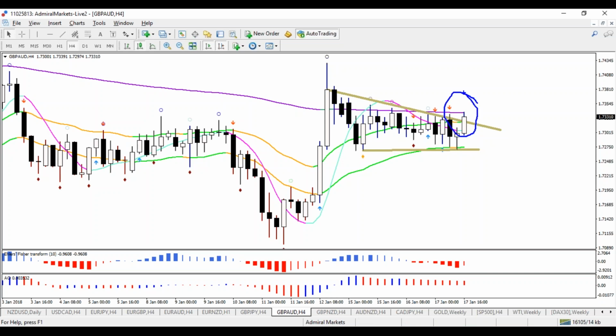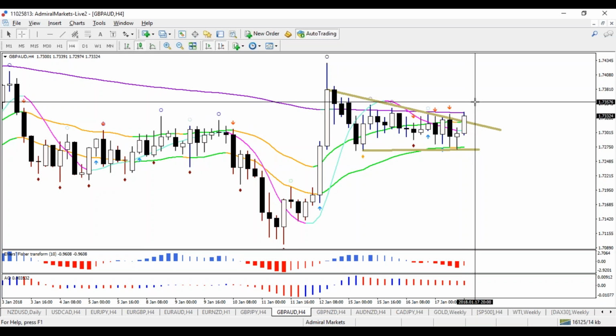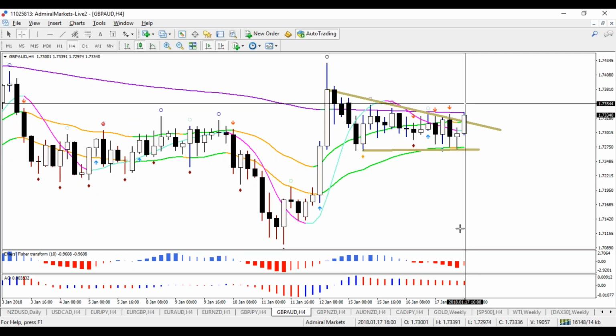But let's see how this responds here. I would like to see a pretty good candle, and a pretty good candle would have to be reaching 173.60 probably before I'm interested. A high at 173.60 or higher, I think.